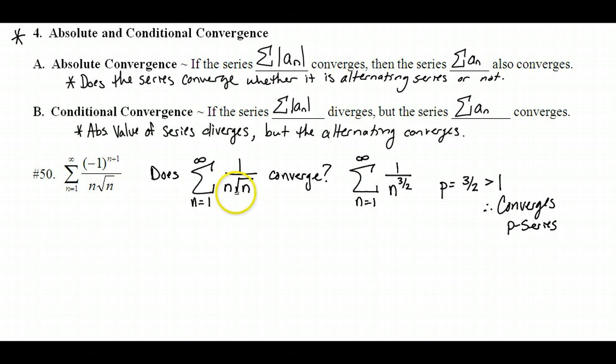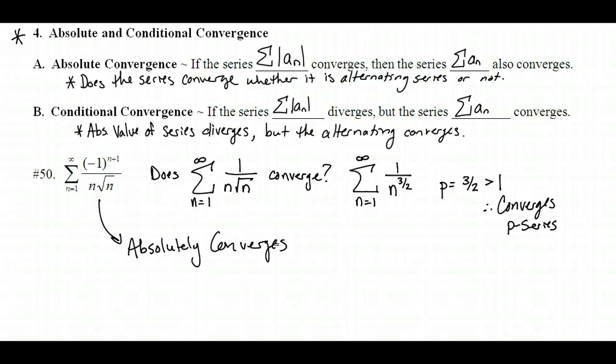The absolute value of it converges, so this thing absolutely converges. And absolutely converges means that if I have alternating, it is going to converge no matter what condition it's in, alternating or the absolute value of it.